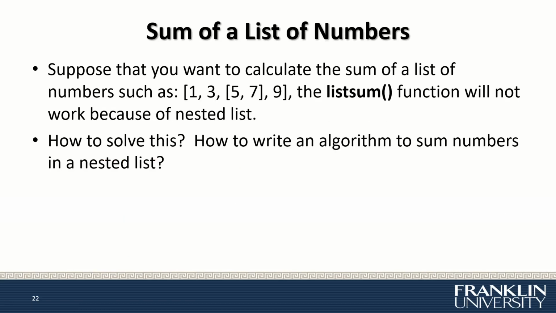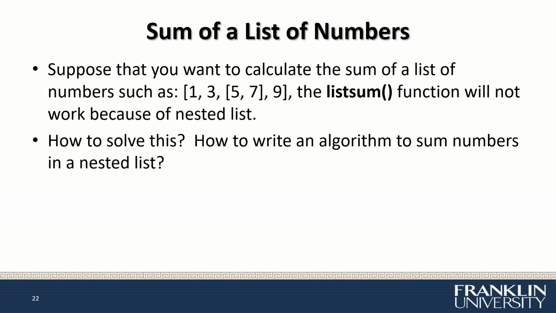Suppose that you want to calculate the sum of a list of numbers such as 1, 3, and then another list inside, 5, 7, and 9. The list sum function will not work because of the nested list. I'm adding numbers within the list, but this will not work if an element in the list is a list.